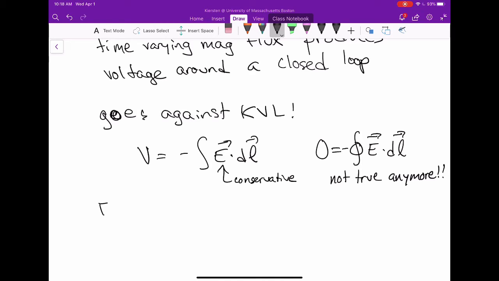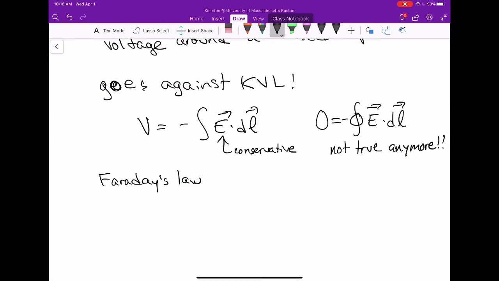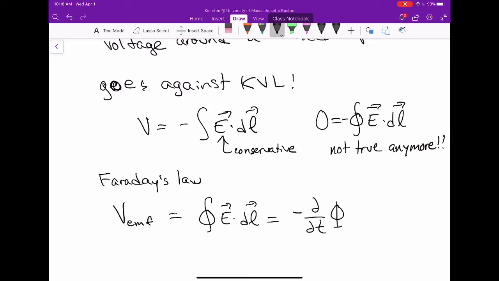Here's a statement of Faraday's law in integral form. Faraday's law in integral form is that V EMF, and I'll tell you in a second what an EMF is, which is this closed loop integral of E dot dl, is equal to minus the time derivative of the magnetic flux through that loop.